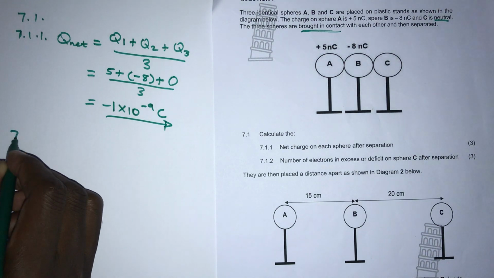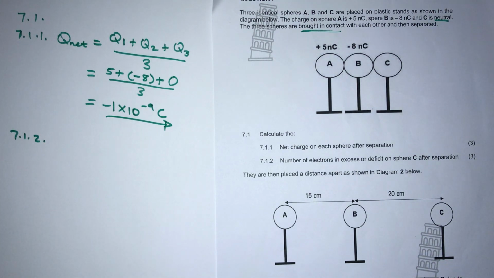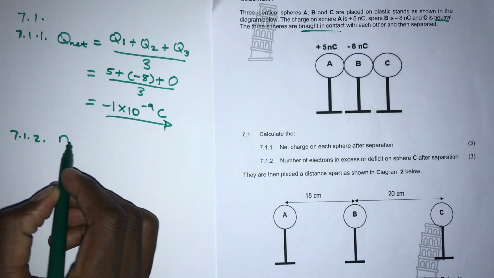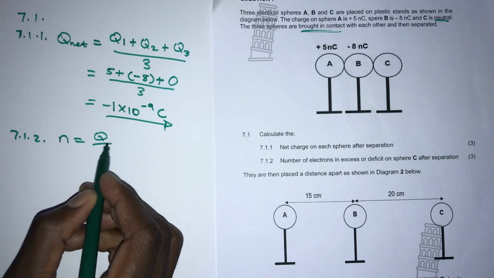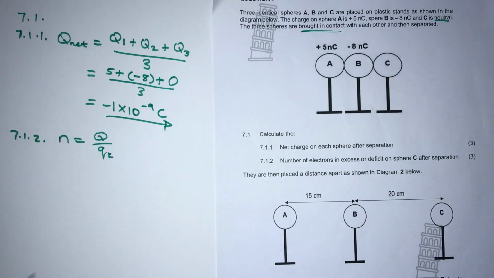Then 7.1.2, calculate the number of electrons in excess or deficit on sphere C after separation. Since now spheres A, B, and C have the same charge, the number of electrons equals the charge over the electron charge.